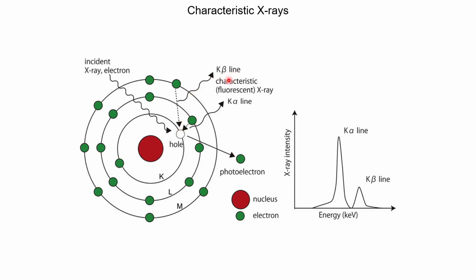So depending upon where the electron is coming from, they will have a K alpha or K beta line, and they will have different intensities. Each and every atom has different values of K alpha and K beta, or we can have L alpha, L beta, and so on.